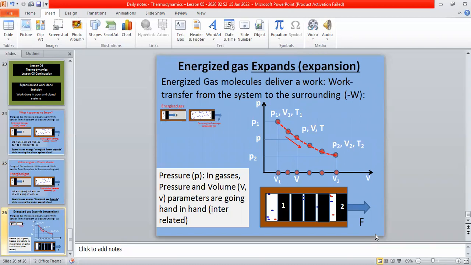Gas performs naturally, and we take the work. We are taking the benefit of that expansion. Actually, gas is looking to neutralize, to merge with nature. That's why it's going to the exhaust finally. Exhaust is the surrounding, which is nature. Okay, good. So we are tapping some energy out of that work done.